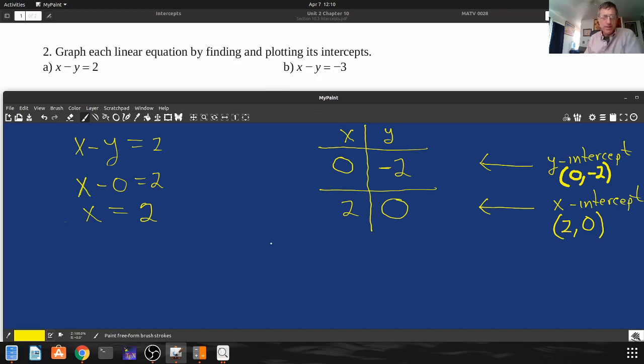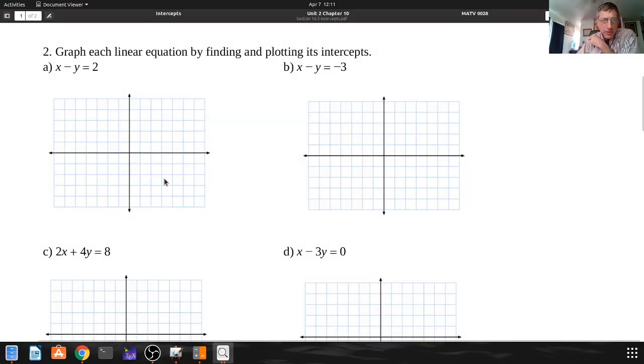So let's plot those. So I have 0, -2, and 2, 0. So you're supposed to plot them using this. So on your paper, find 0, -2. So this is the y-intercept. So you just go down the y-axis until you get to -2, and you'll put a little dot right there where my cursor is pointing.